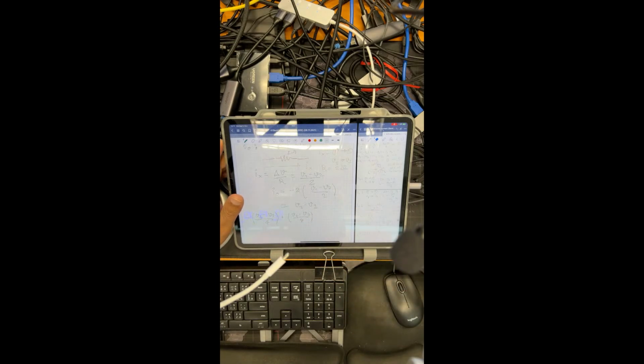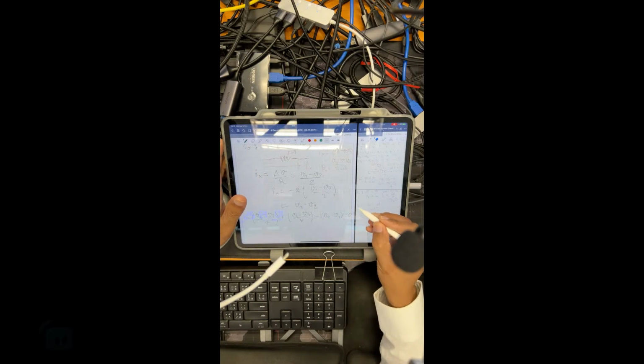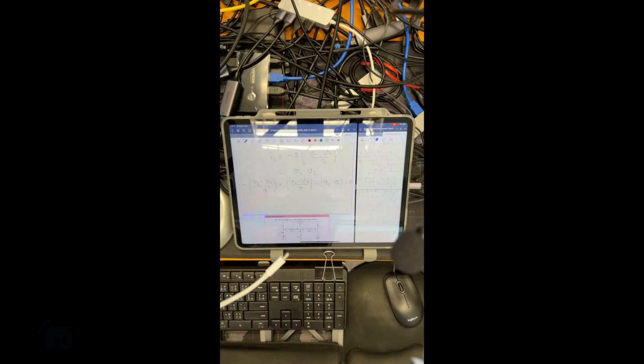And what's next? Negative IO. Where is IO? IO is right here, which is V2 minus V1, equals 0. And now we arrive at a similar situation.